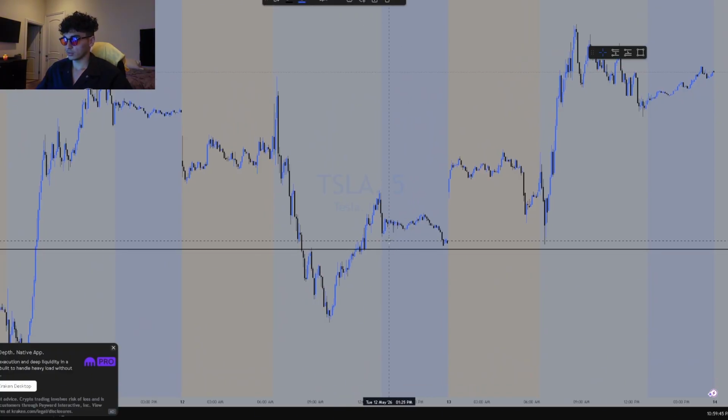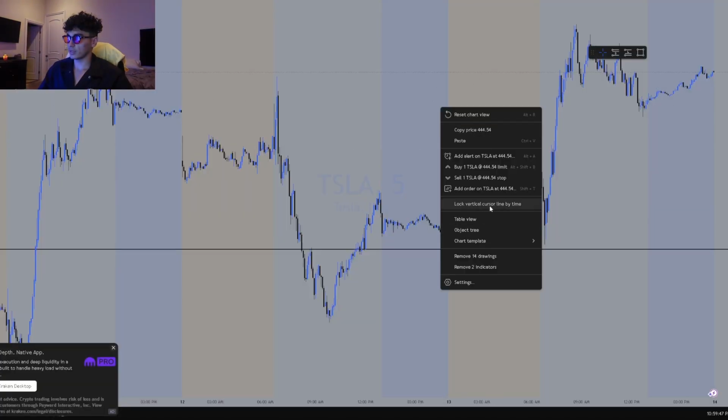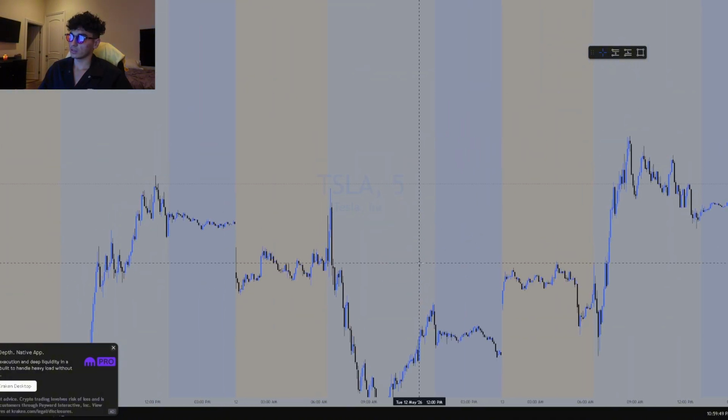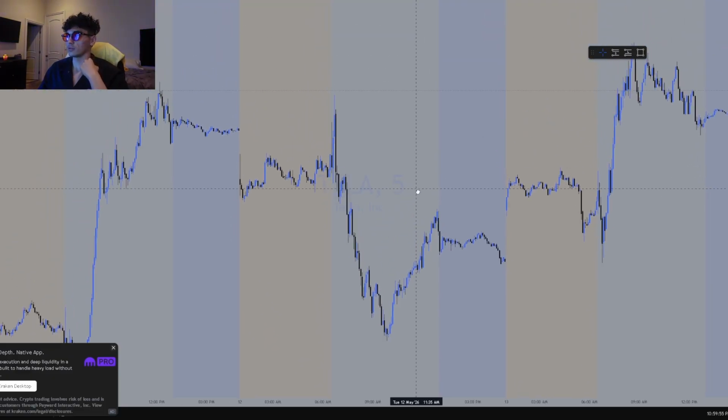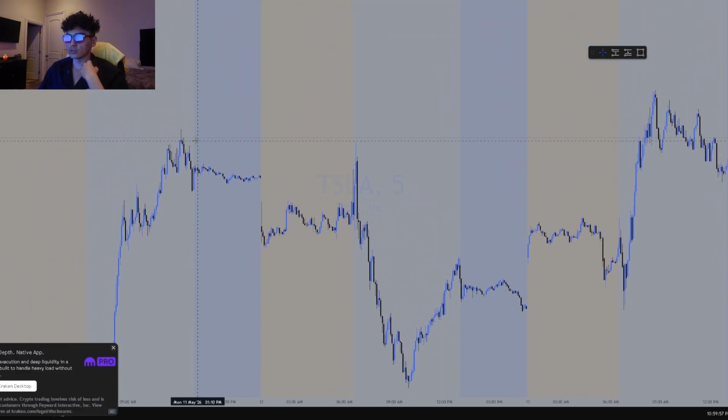So let's remove everything here and pretty much just look for a strong high or strong low being created on the chart. So right here, I do see a pretty strong high that then led to a move to the downside right here as well. So it looks like we have a strong high here, then leading to a pretty strong move to the downside. So let's look at this and see how price reacts to this level.